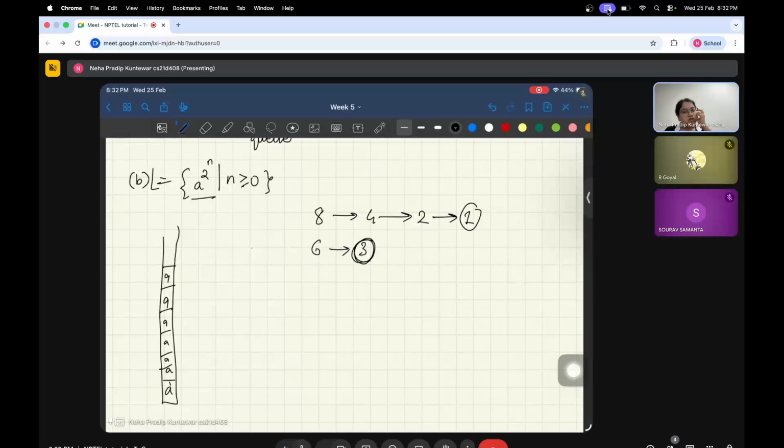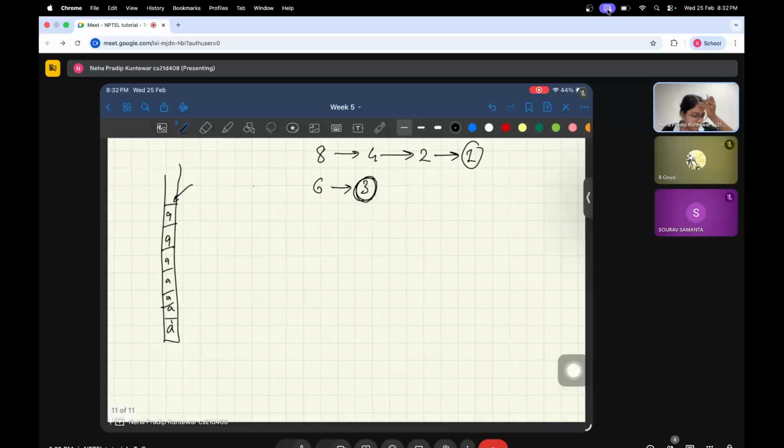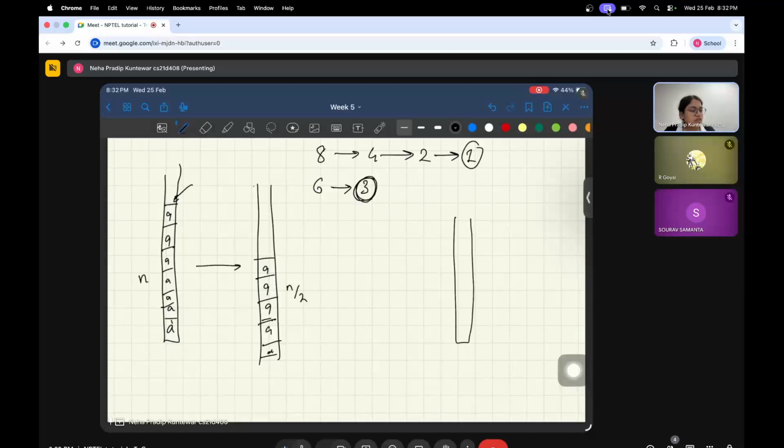Now you want to do some operations here and get a new configuration where, if n was the number of a's here, then you want n by 2 number of a's here. If you can do this, then keep on repeating this process. In the end, you should end up with just one element, and then you would know that the number of a's was a power of 2 to begin with.